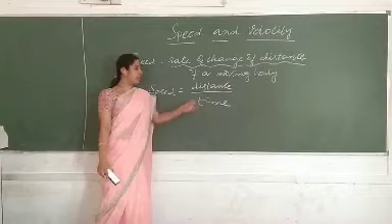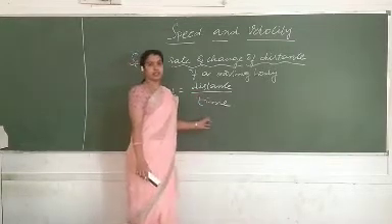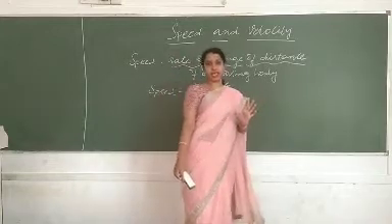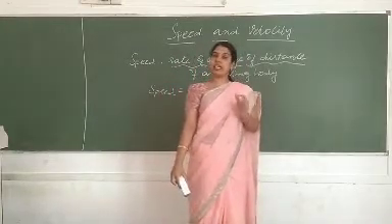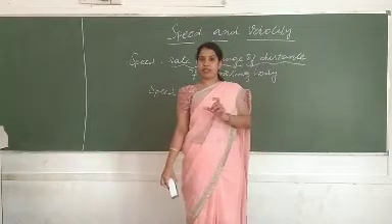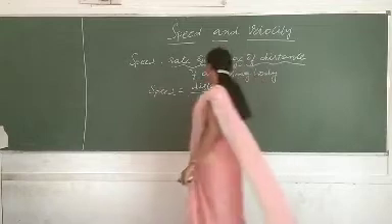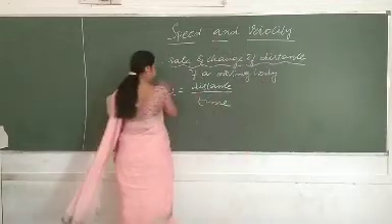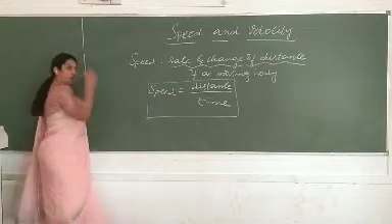Speed is equal to distance traveled divided by time taken. Simply instead of saying distance by time, to make it more defined, we write it as distance traveled divided by time taken. Clear? Now distance by time is speed. Now recall your velocity definition.